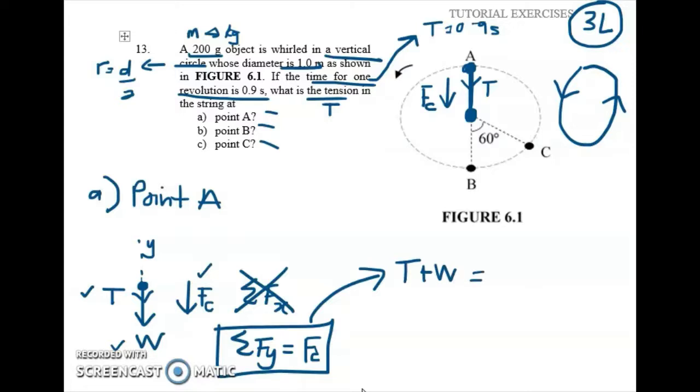And then what you're doing right now is this part. You are adding all the forces acting on the Y component, and then this FC, you can write down FC or just expand the formula, which is mv squared over r.